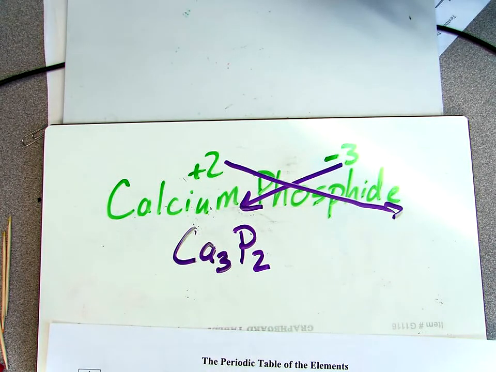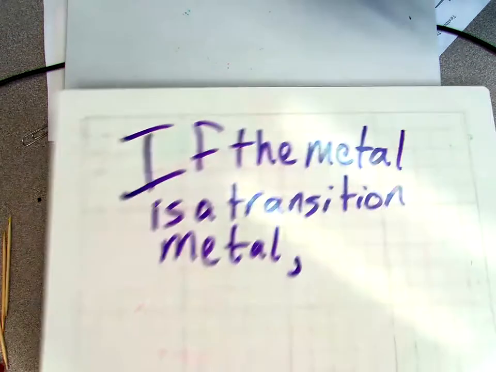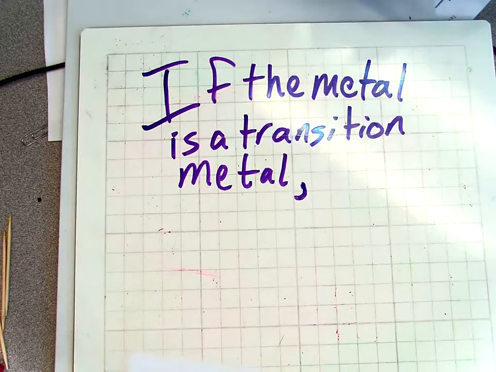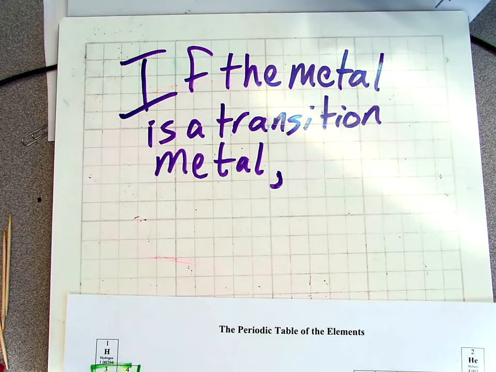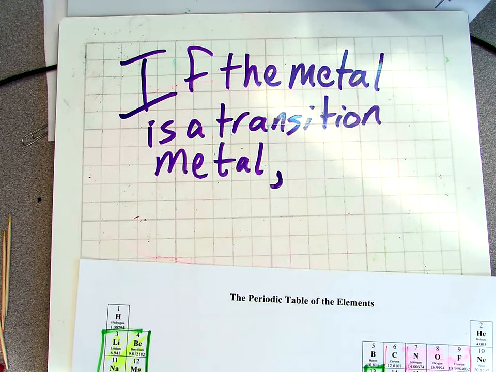Now, these become a lot more confusing if you have a transition metal. Now, if there's a transition metal, now instead of having just one ion that it can form, many of them can form several.